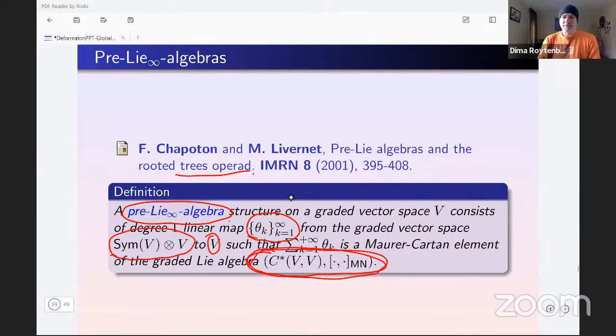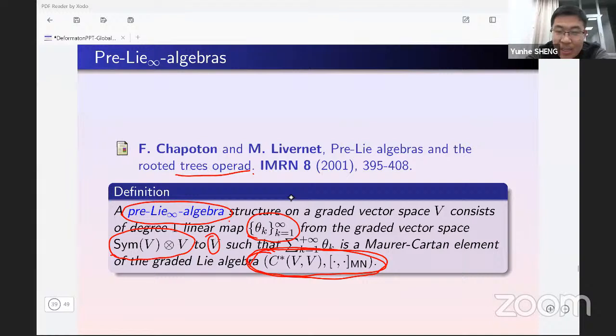Right. So I had a question. First of all, whether your L-infinity algebra has only finitely many non-zero brackets or infinitely many of them. Yeah, that's a very good question, because if one considers the Maurer-Cartan equation, you need to consider the convergence, right?